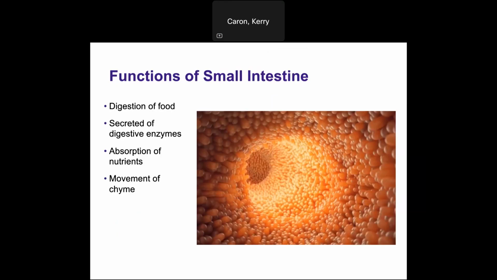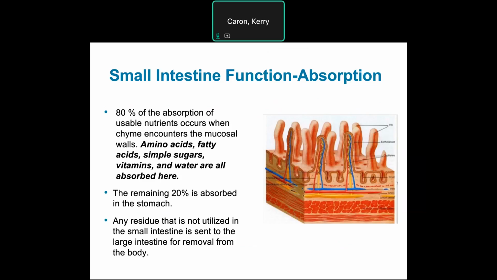Okay, functions of the small intestine. Remember, the majority of digestion happens here. We have digestive enzymes entering here, a lot of absorption of nutrients here, and the movement of chyme. Absorption is a major part. 80% of all absorption of usable nutrients happens when the chyme enters the small intestine, in the mucosal walls.